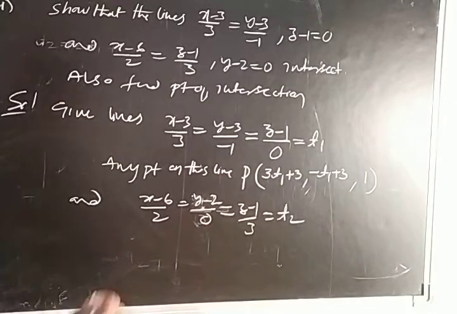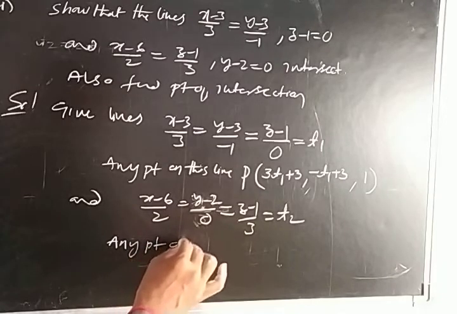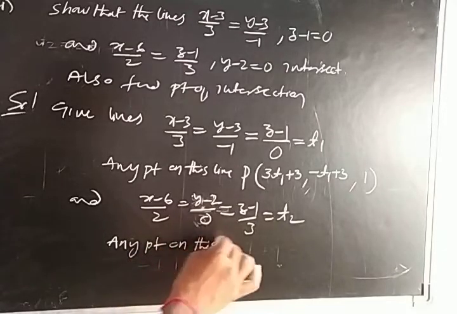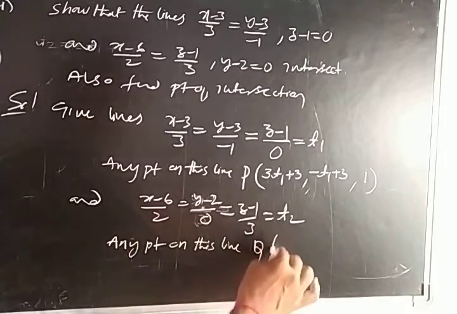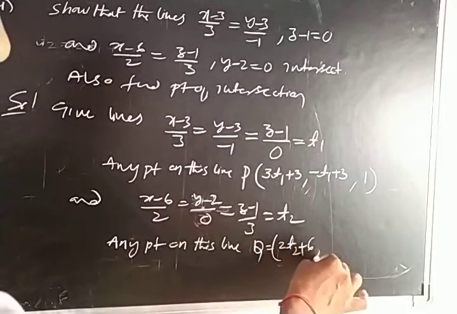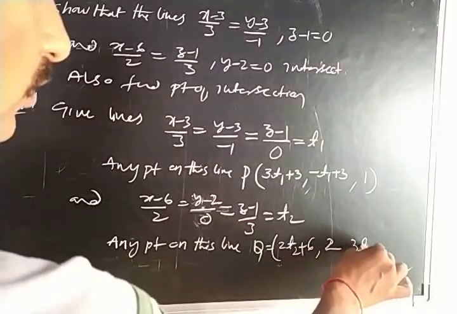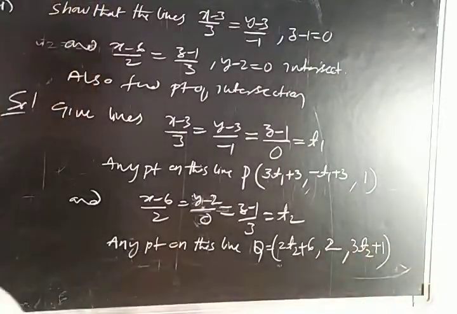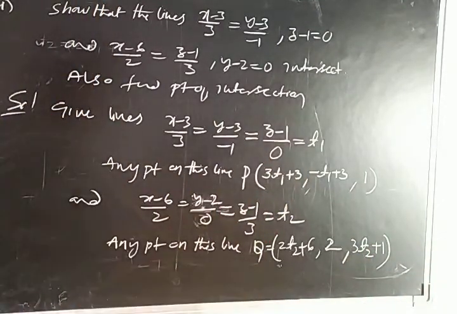Any point on this line I am taking as Q. Q coordinates: 2t2 plus 6, 2, 3t2 plus 1. Now I have one point on the first line, P, and one on the second line, Q.